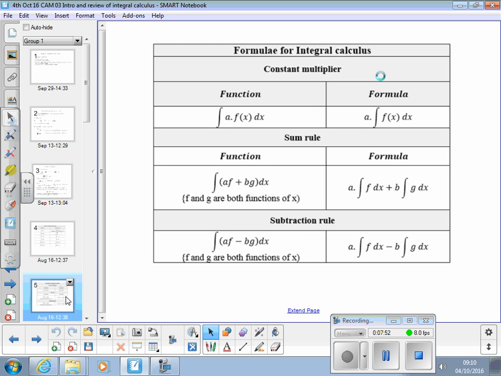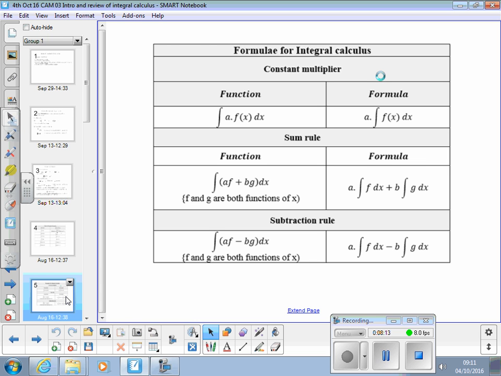The sum rule: if we want the integral of two different functions added together, we just integrate each of them, also applying the constant multiplier rule to the separate ones, and the answer is the two integrals added together.